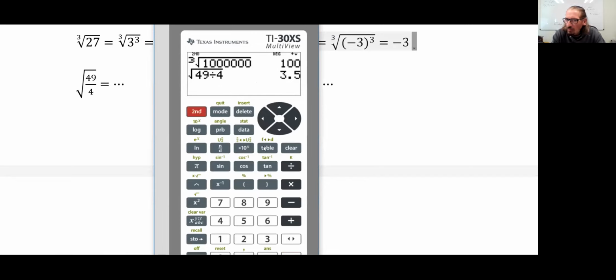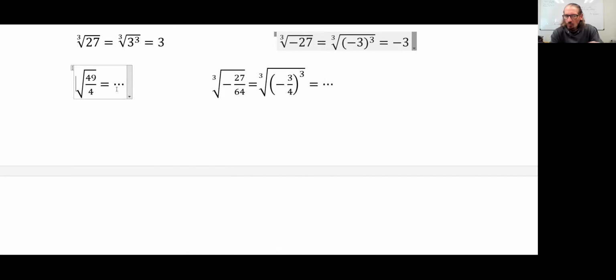Second and above table, that FD with 2 arrows means converting back and forth between fractions and decimals. It's the same as 7/2. As we'll learn about more in section 7.2, you might think that we could split up that square root across the division. Take the square root of 49 and take the square root of 4 to get 7/2. Turns out that's going to be true.